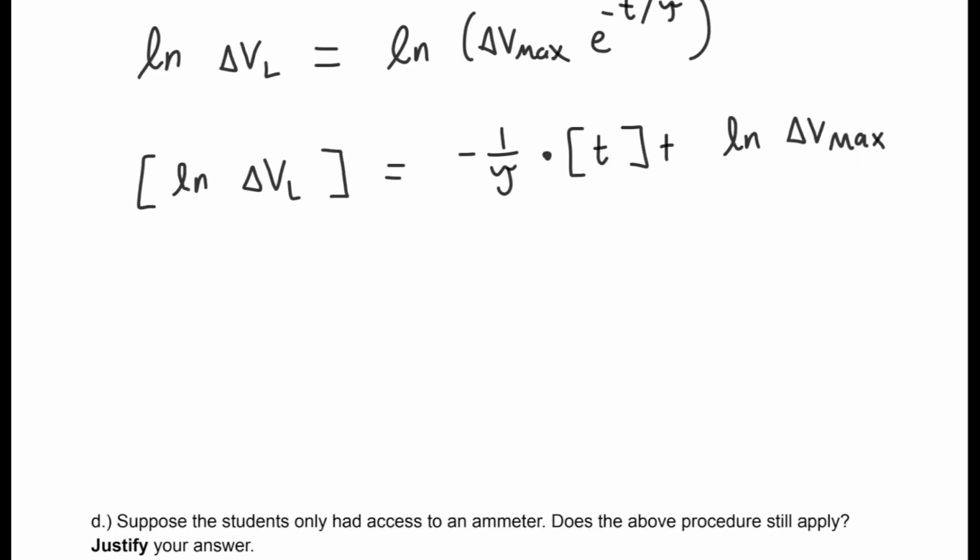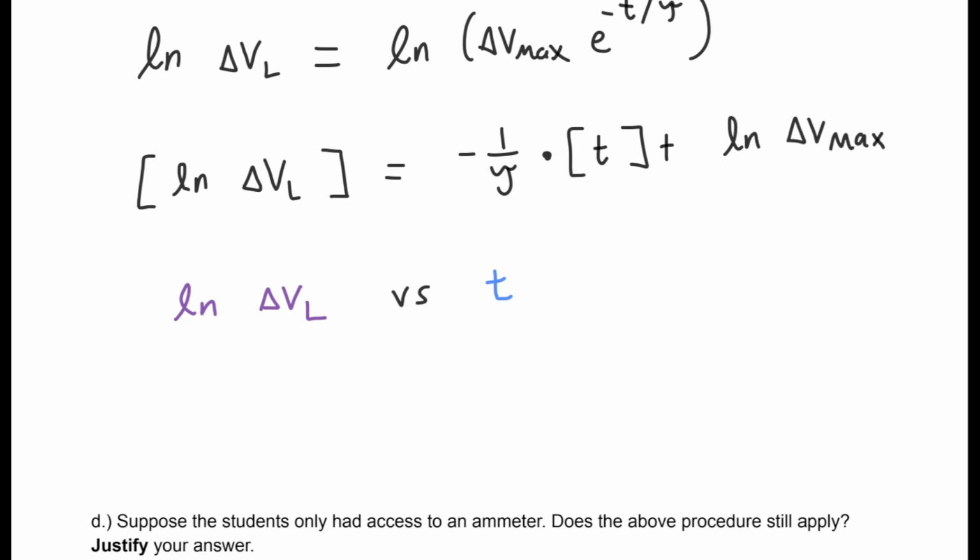So what this gives us now is a y equals mx plus b relationship. So we would graph ln of delta V across the inductor as a function of time. Of course, there's alternate solutions. Some of you are what I call slope purists and just like to have the quantity of interest solved for already.